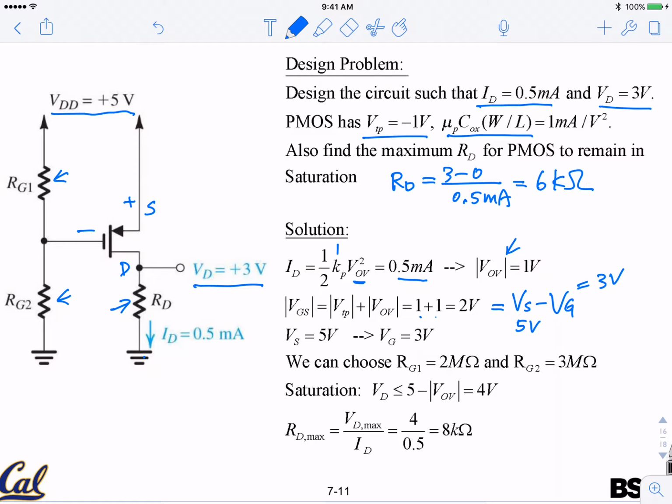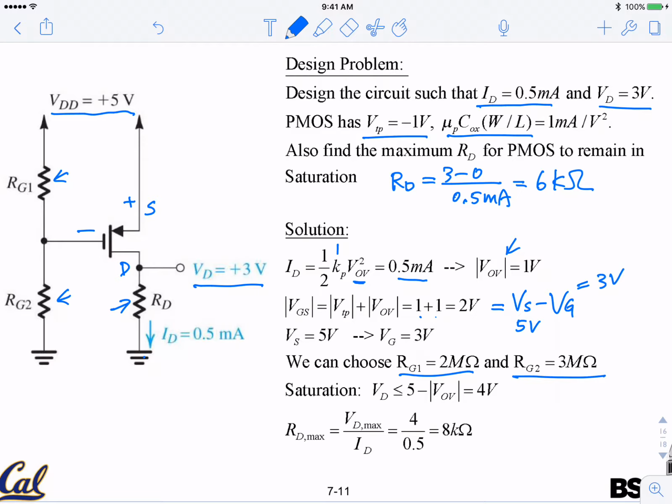So now we have a resistor divider, and we can choose arbitrary values. RG2 has to be bigger than RG1, roughly a ratio of 3 to 2. So I can choose RG1 to be 2 mega ohm and RG2 to be 3 mega ohm.